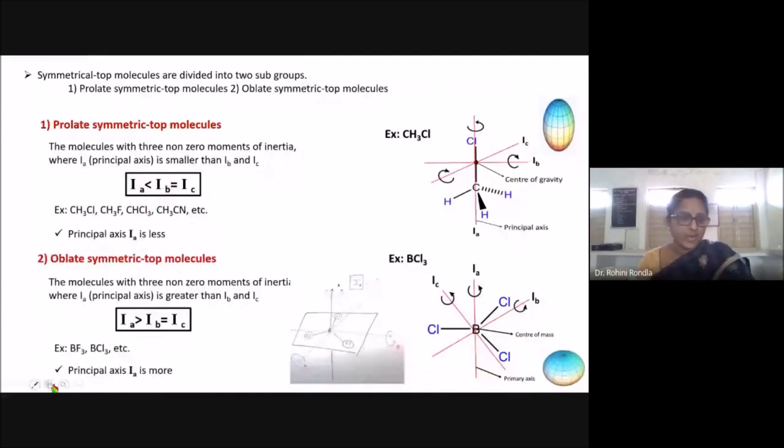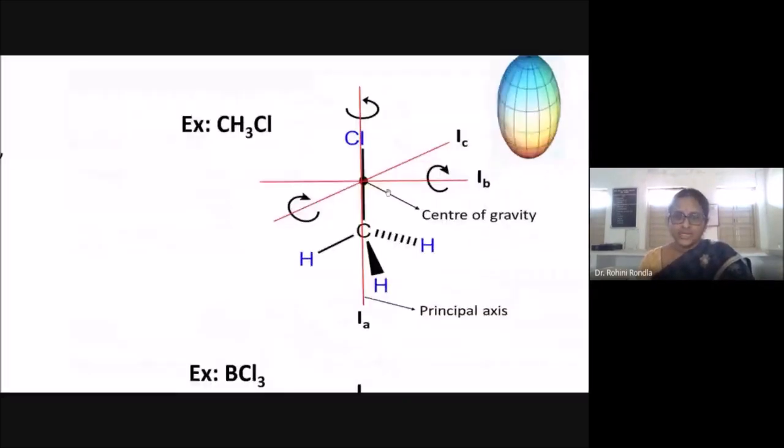Listen carefully, there is one point here. You are rotating this molecule through this A axis. You are holding carbon and chlorine and rotating. So the moment of inertia is not equal to 0. That is IA. And again, IB and IC also have some moment of inertia. IB is not equal to 0. IC is not equal to 0.